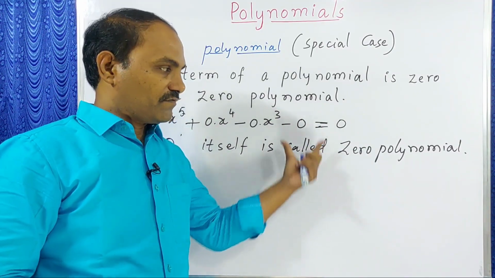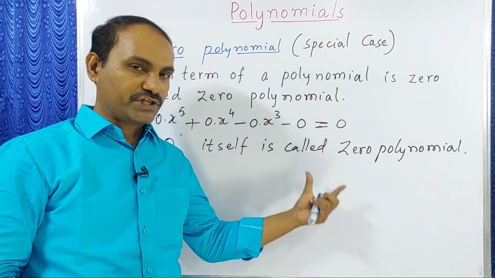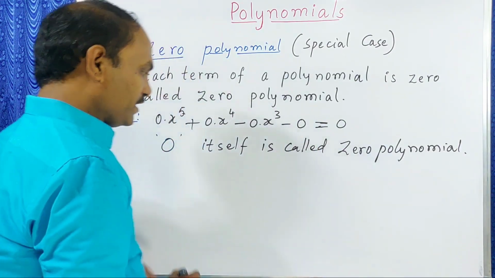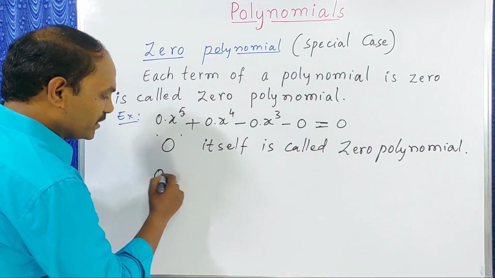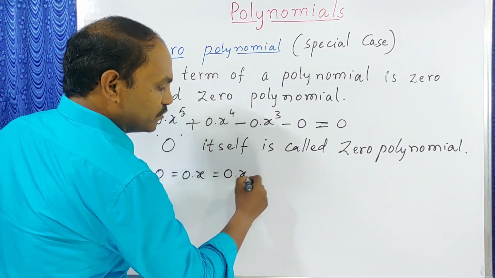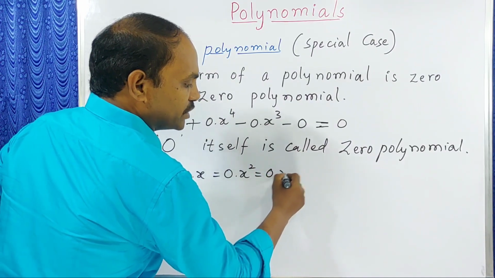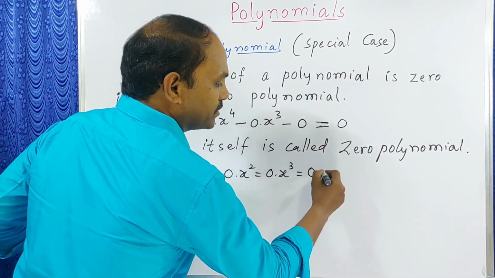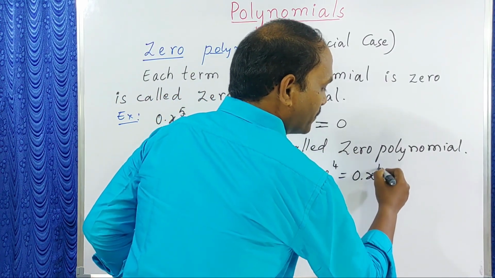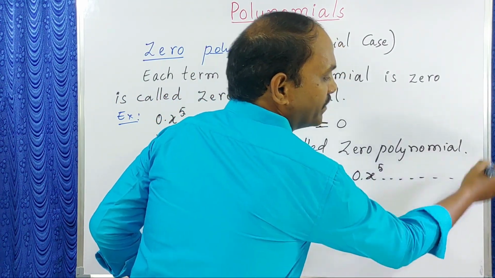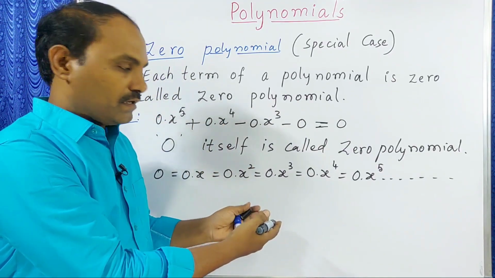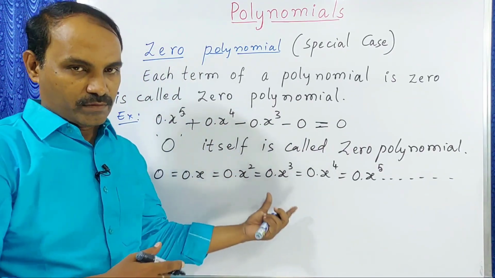What is the degree of this one? Degree of 0 is not defined. Why not defined? Because 0 can be written as 0 into x or 0 into x square or 0 into x cube or 0 into x power 4 or 0 into x power 5, or so many terms. We can write anything there as the exponent of the variable.